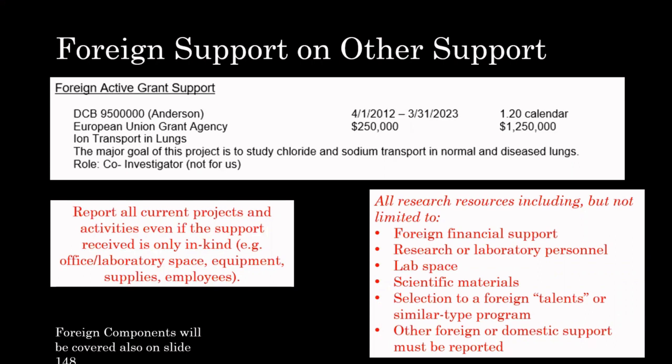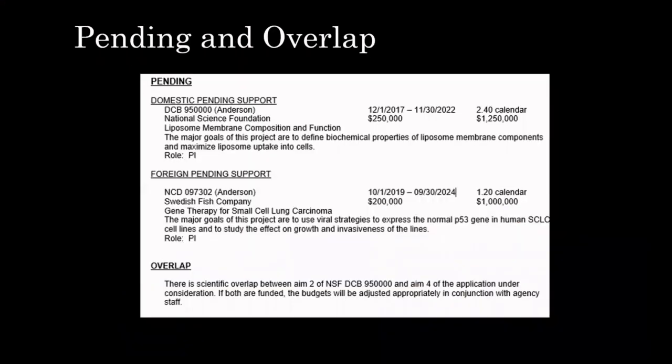And all research resources, including but not limited to foreign financial support, research or laboratory personnel, lab space, any scientific materials, selection to a foreign talent or similar type program, or other foreign or domestic support must be reported. Like I said, it's always better to over-report here than to under-report.